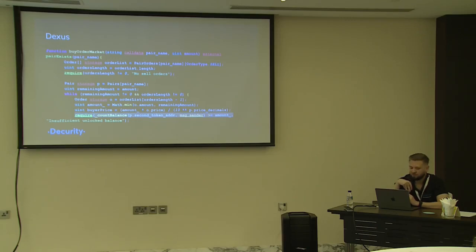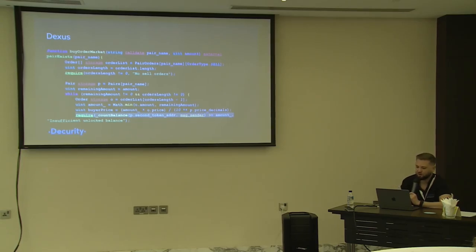And this is not correct because we should check the balance with buyer price, not amount. Which means that we can pass any amount. Well, not any amount, but some unexpected amount.